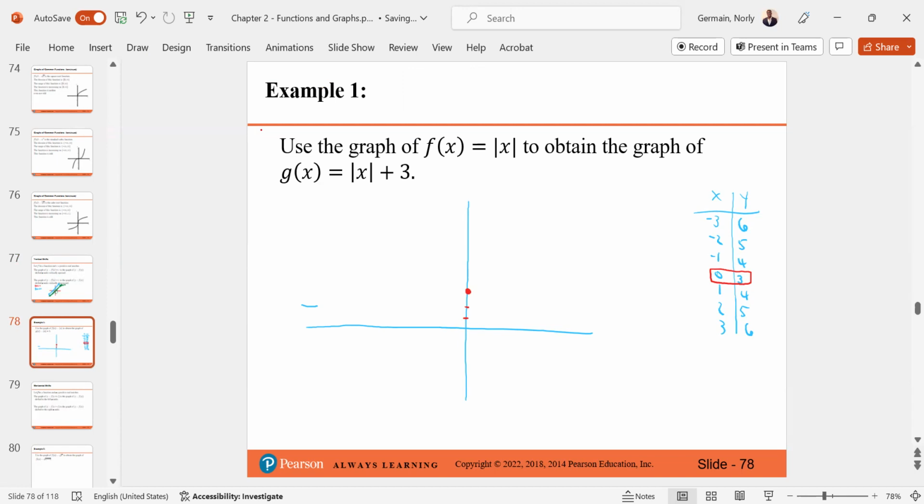When x is 0, y is 3. When x is negative 1 or x is 1, y is 4. When x is negative 2 or 2, y is 5.